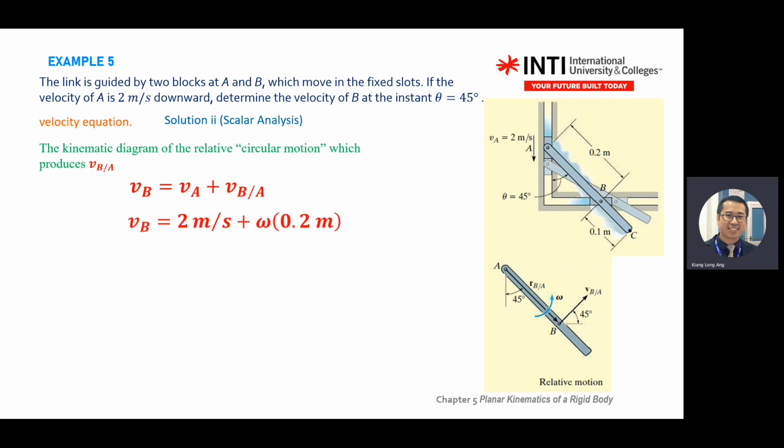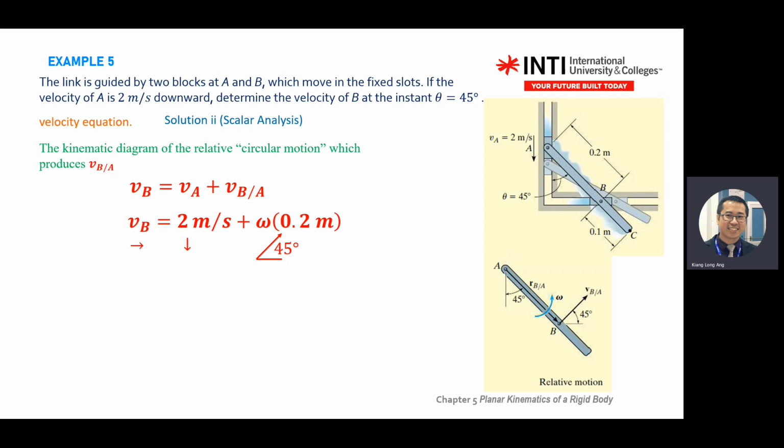So you do the scalar means you don't use cross products. You straight away use V equal to omega R, V equal to omega R, but for each one, you give it direction.